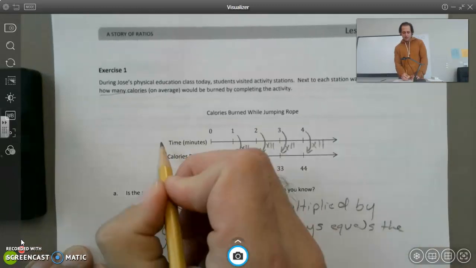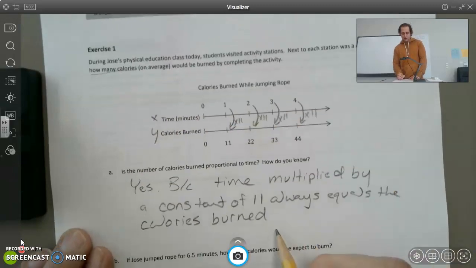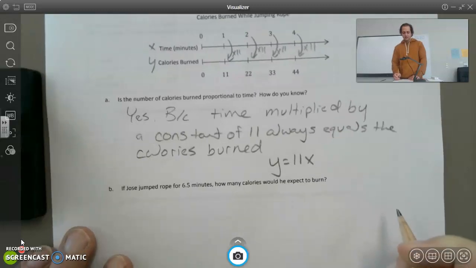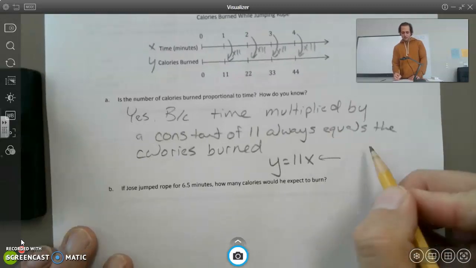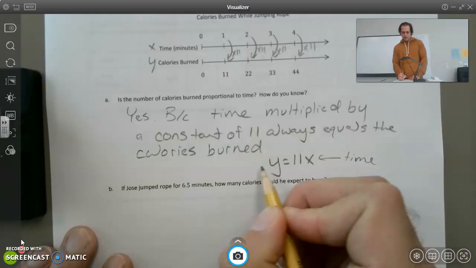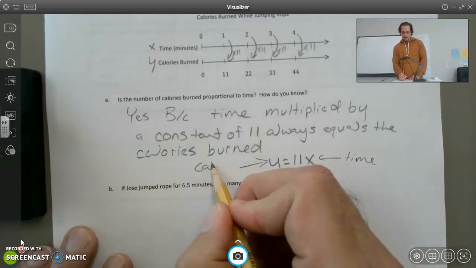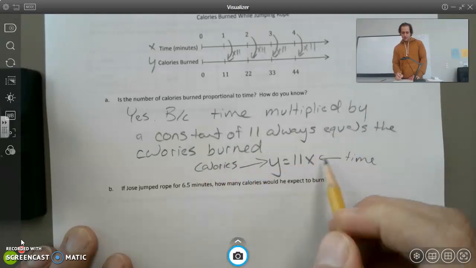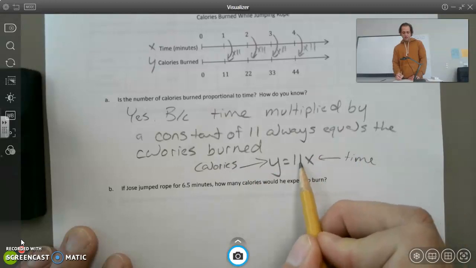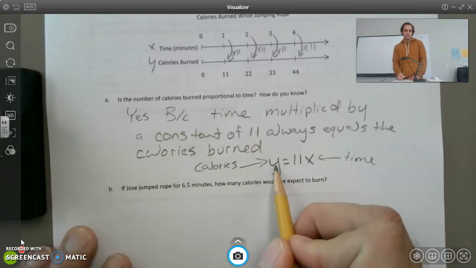And if I were to call this X and Y, I could say Y is equal to 11X. This is time. This is calories. If I take my time and multiply it by 11, I will get my number of calories every time.